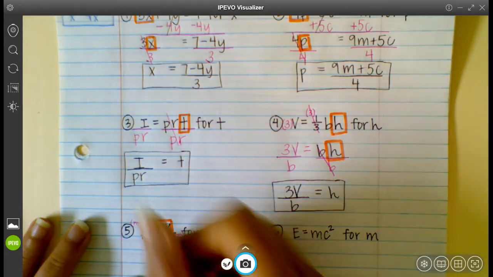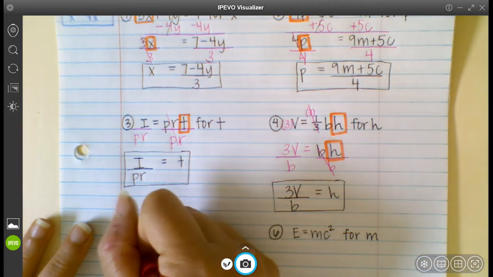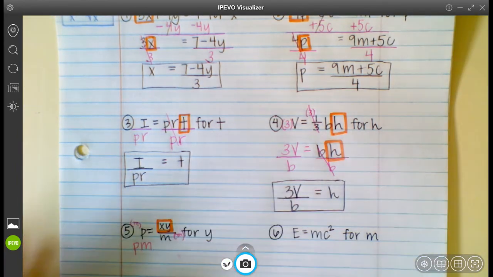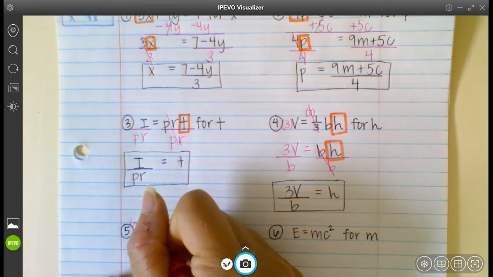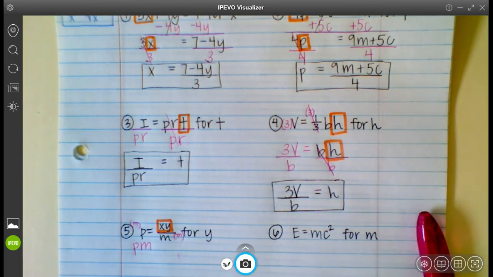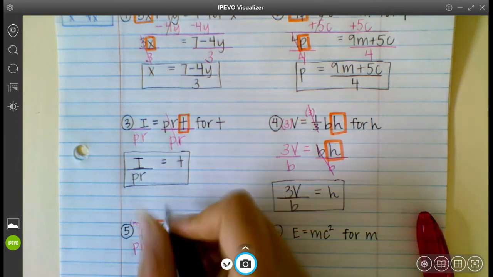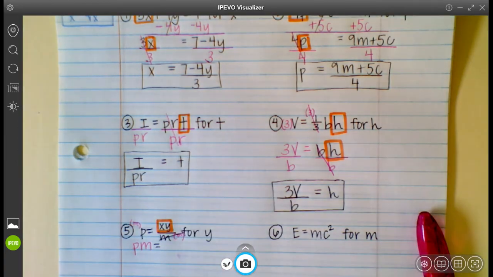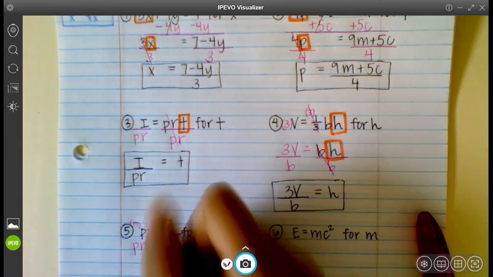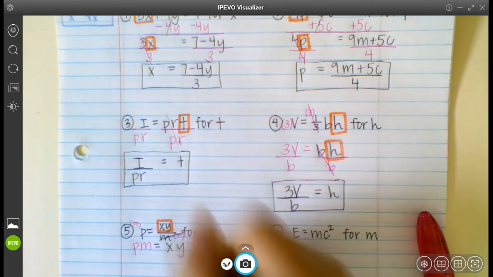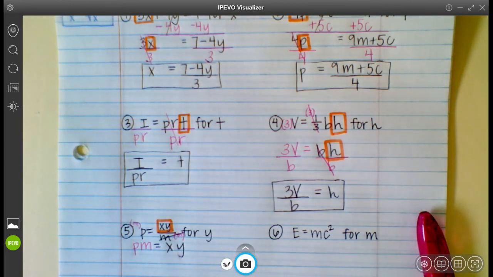And when we do that, we can put this as pm or mp, it doesn't matter. And we are equal to here. When we multiply and divide by our m on the right side, it undoes the operation, leaving us with xy.